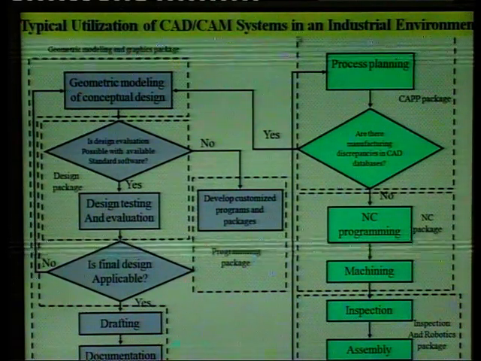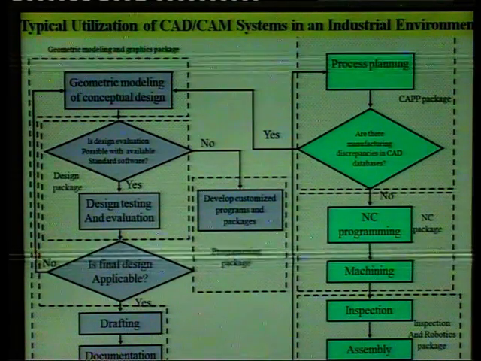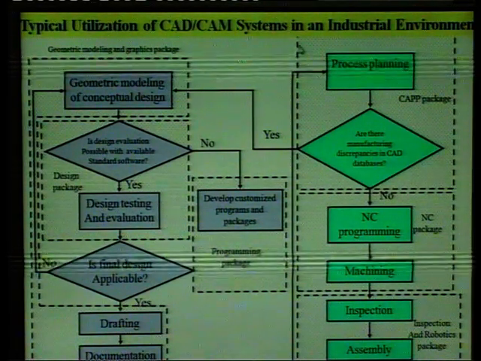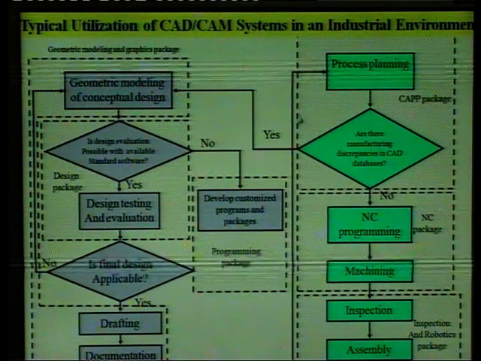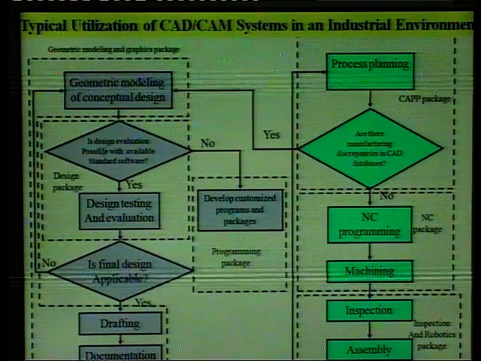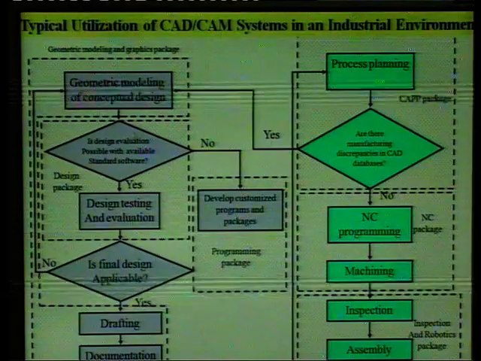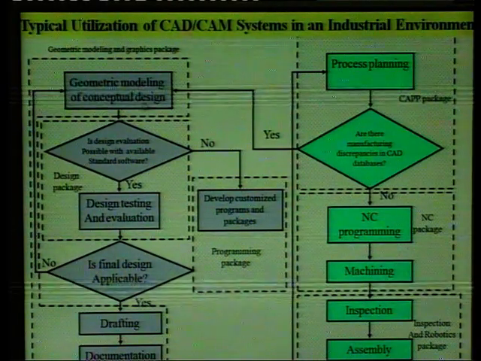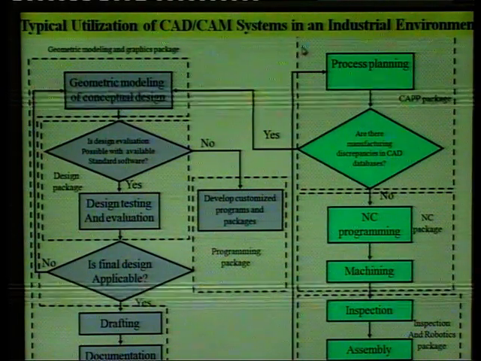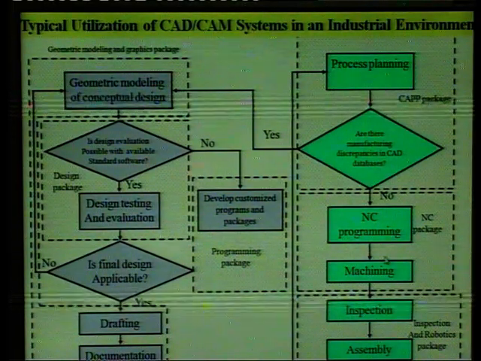Now, whatever is shown on the left of this line, I am moving my pointer on a particular line, whatever is shown on the left of this line in the violet color, these are the functions of the CAD, whereas whatever has been shown on the right of this line are the functions of the CAM.